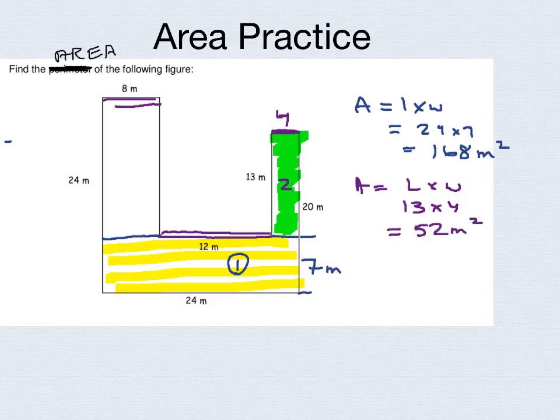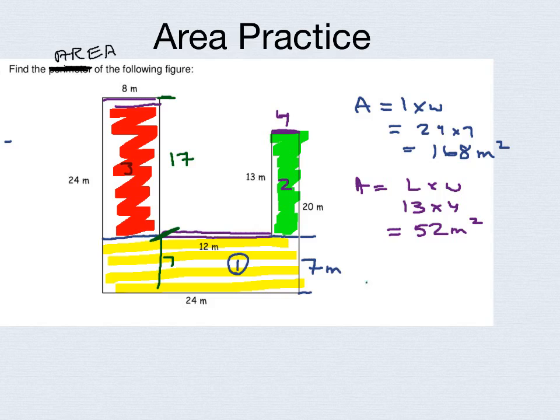The last shape is number 3, and that one I've got to know both the length and the width to do it. I have the width of 8, and now I need the length. So to find from here to here, we did also in the previous video, if it's 7 from here down and the whole thing is 24, then 24 minus 7 is 17.